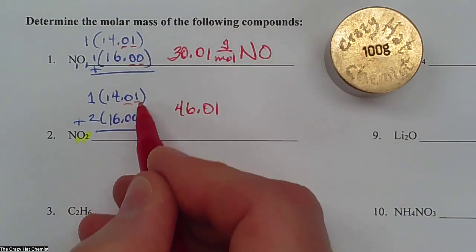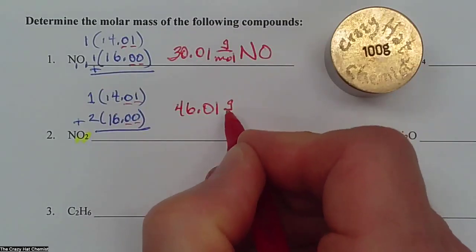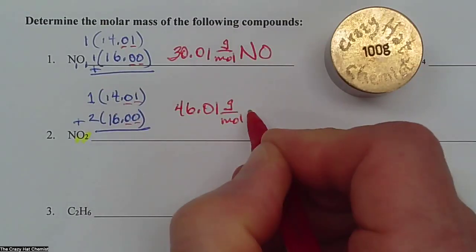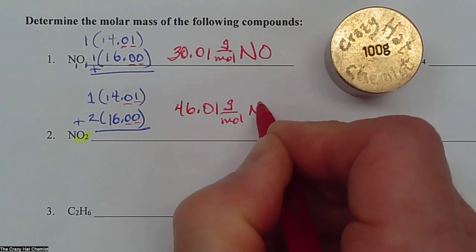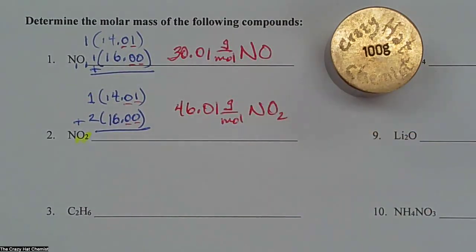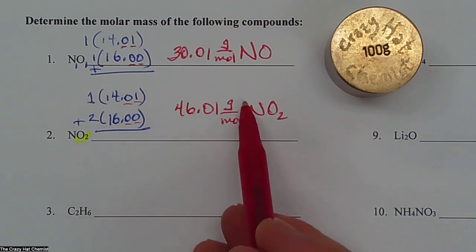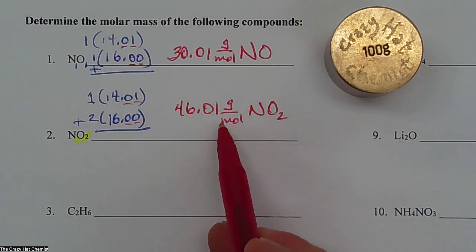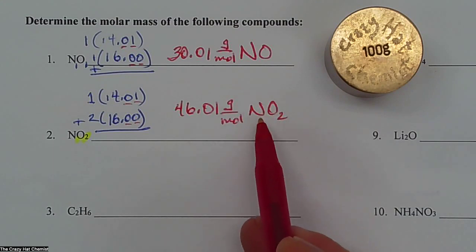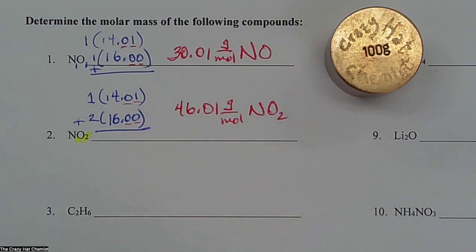It's going to have two decimal places, and the units are grams per mole, and then the formula is NO2. So in all these problems, you're going to need a number rounded correctly, the units, grams per mole, and the formula unit, that's NO2. So number, units, formula. Don't forget about that: number, units, formula.